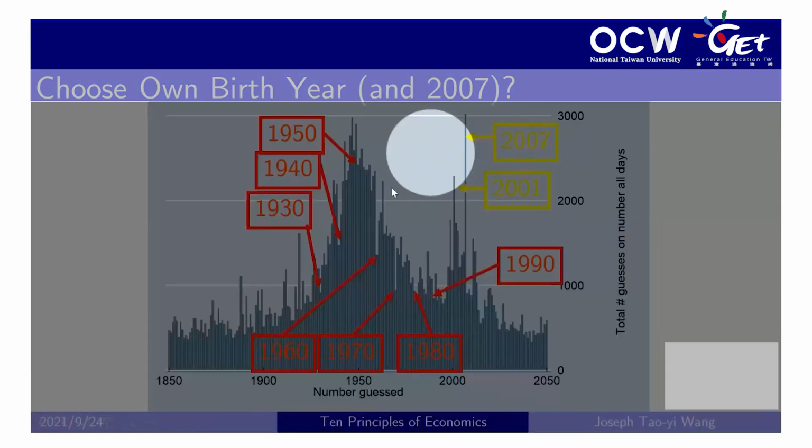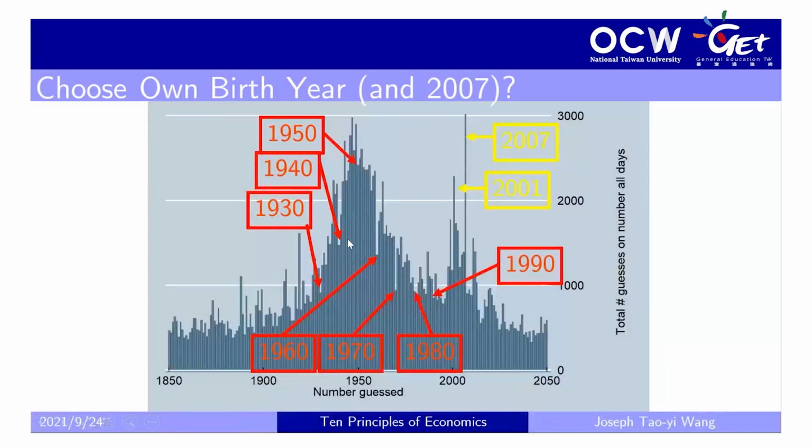But the fun thing is that if your year happens to be a full year, like 1960, well, you choose it much less frequently compared to 1961, 1959. Or 1970, that's much less chosen compared to plus and minus 1. So very interesting patterns here.